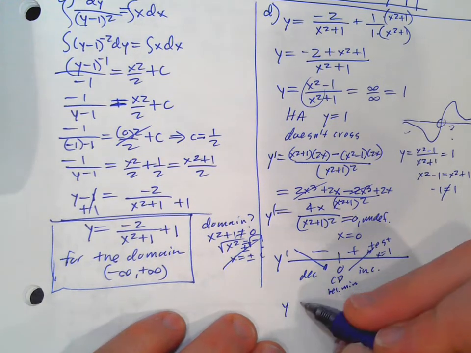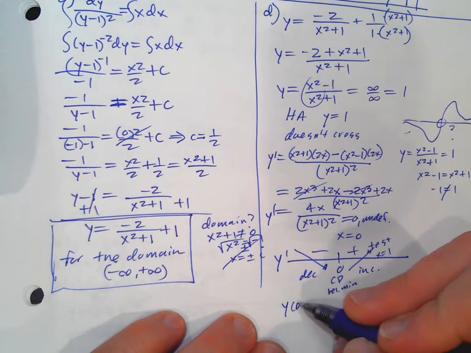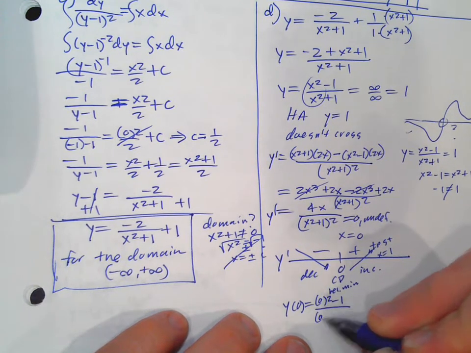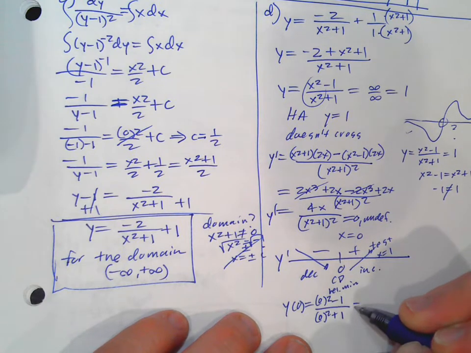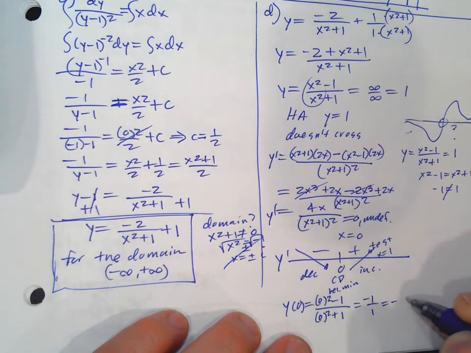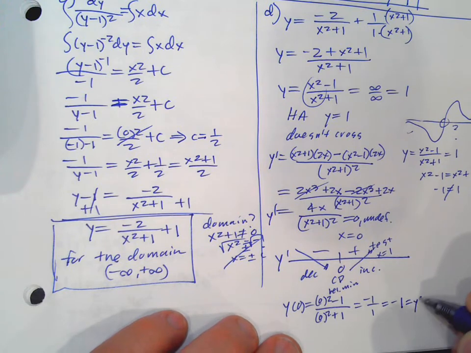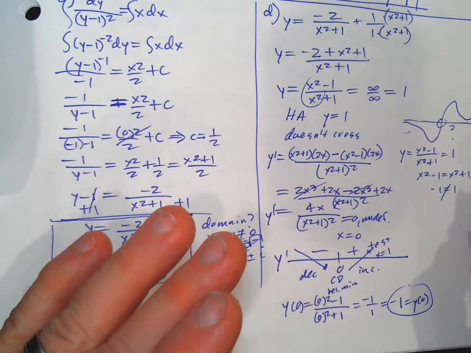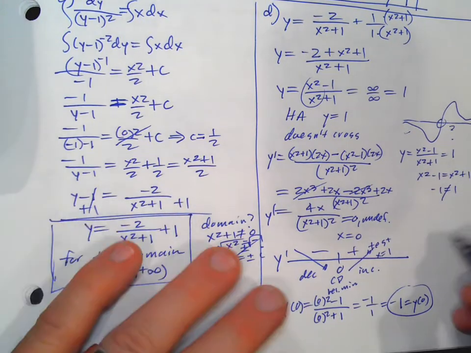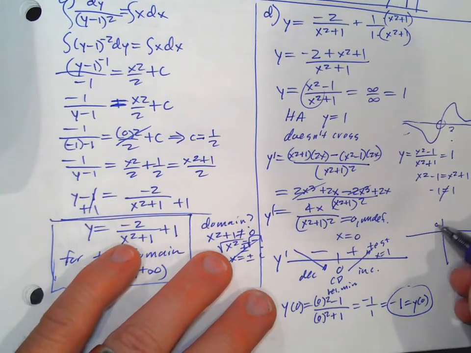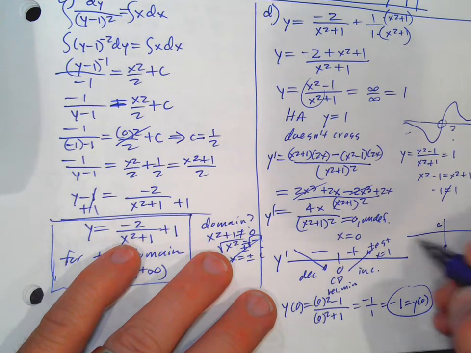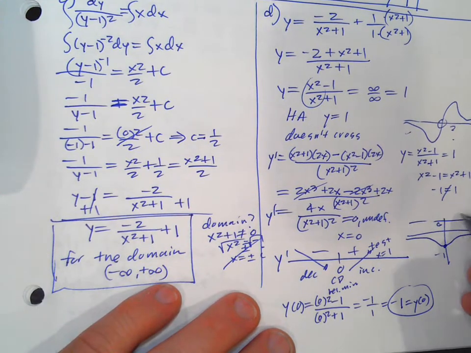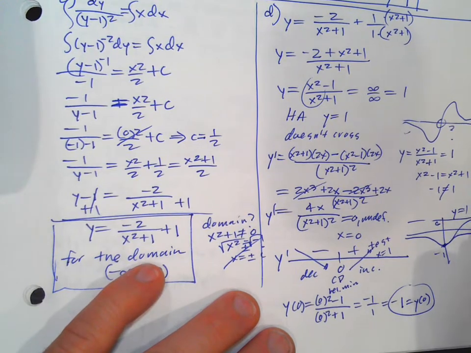If we plug 0 into our solution, we get negative 1. So that's a relative min. It's a valley, and it's the only one. And then it goes towards y equals 1 on both sides.